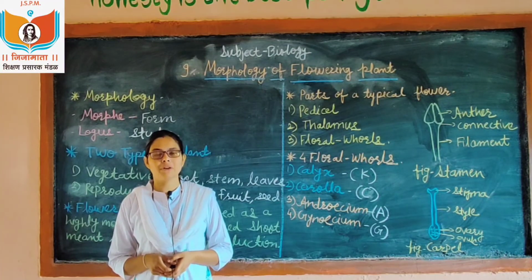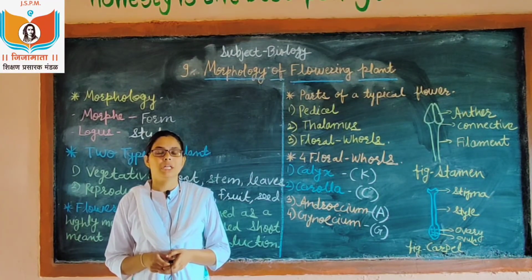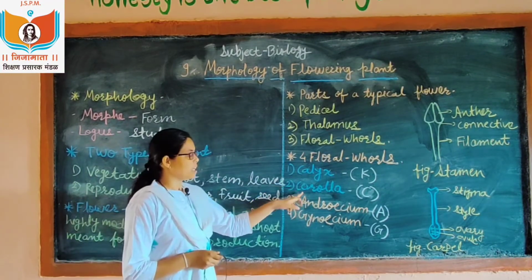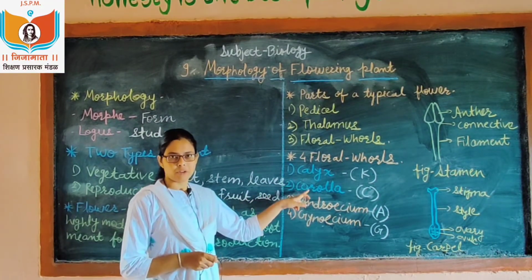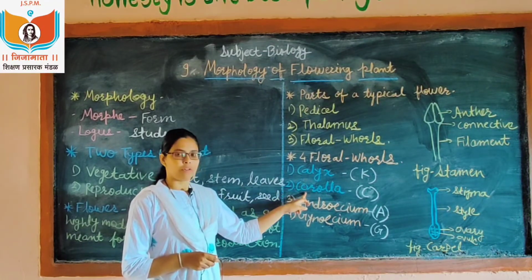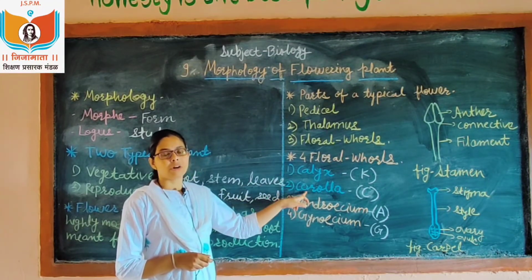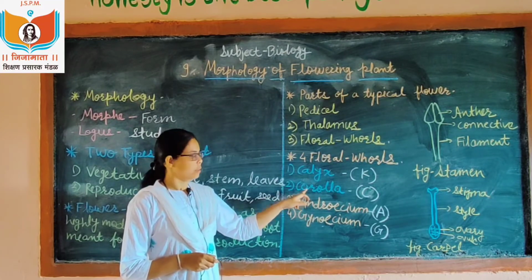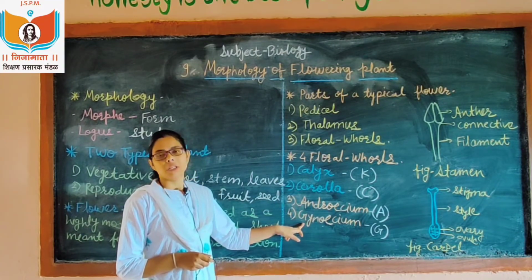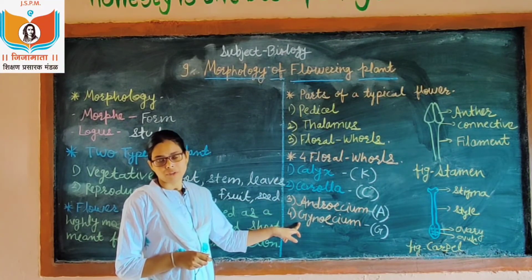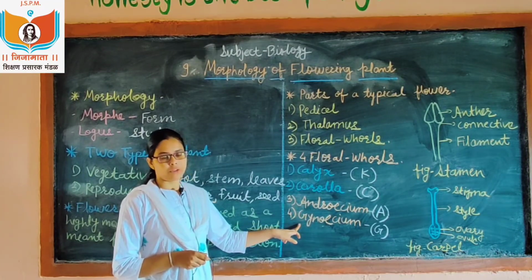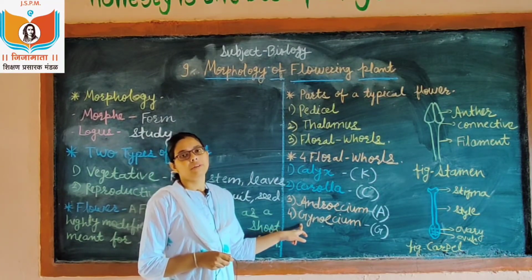In a flower, absence of 1 or 2 floral whorls, that flower is called an incomplete flower. Calyx and corolla are called accessory whorls of a flower, non-reproductive whorls of a flower. Then androecium and gynoecium are called essential whorls of a flower, reproductive whorls of a flower and fertile whorls of a flower.